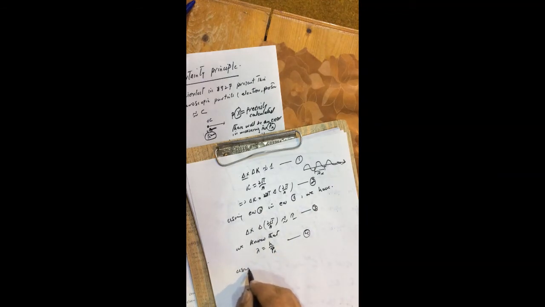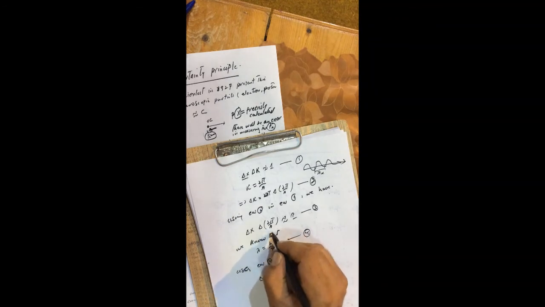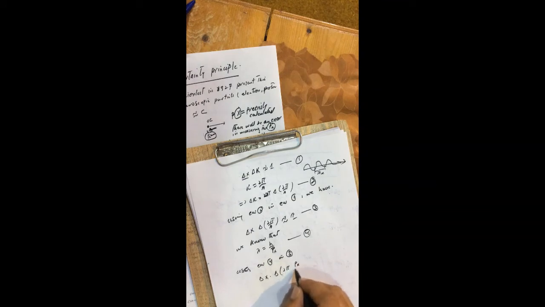If I use equation 4 and 3, then we get delta x into delta, now we have 2 pi and we have 1 over lambda, which is equal to px over h from this relation. So 1 over lambda is equal to px over h, which is of the order of 1.